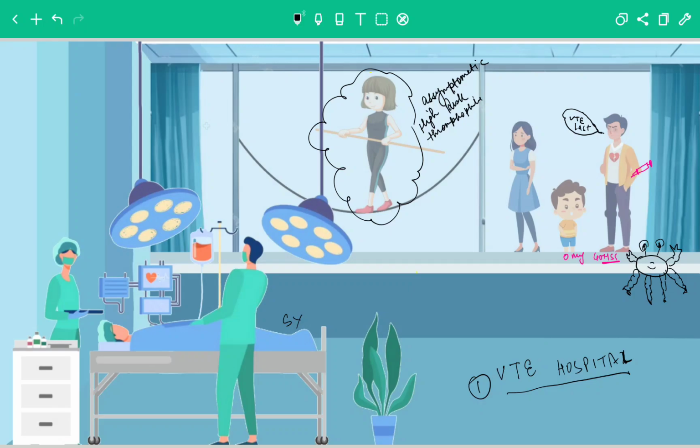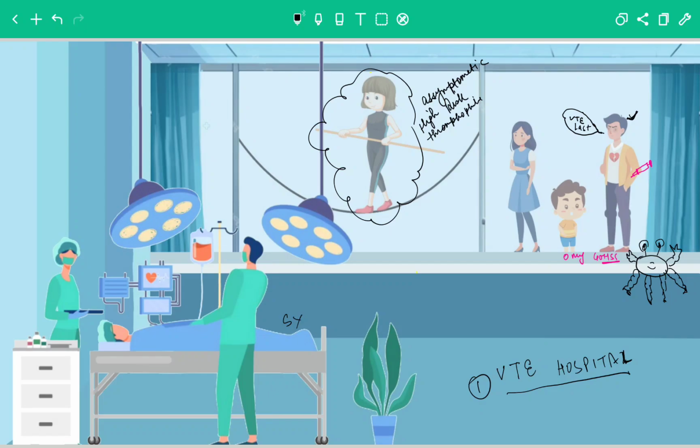Now next is a very interesting factor. This man looks a little worried, because he remembers that previously she had a surgery where she had a single episode of VTE.